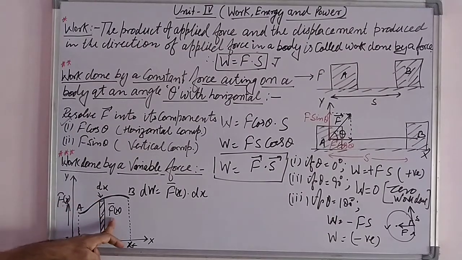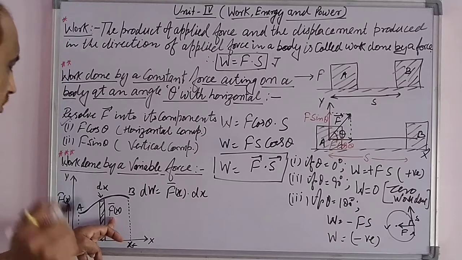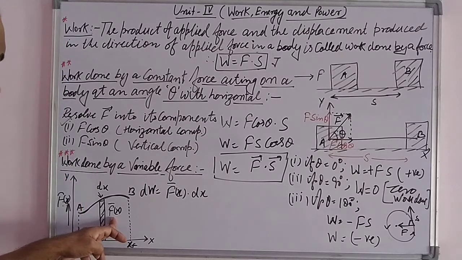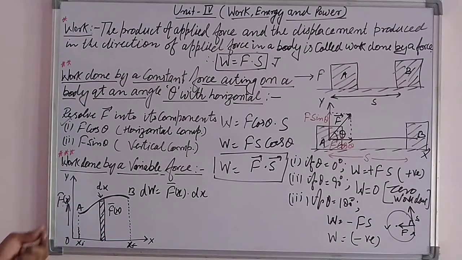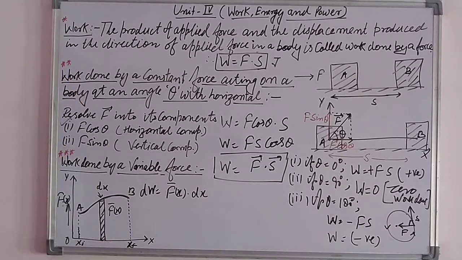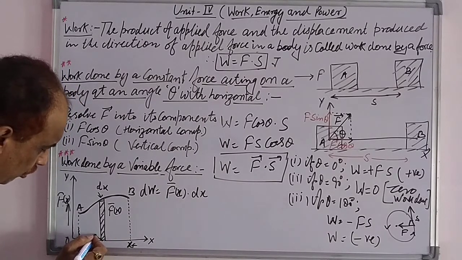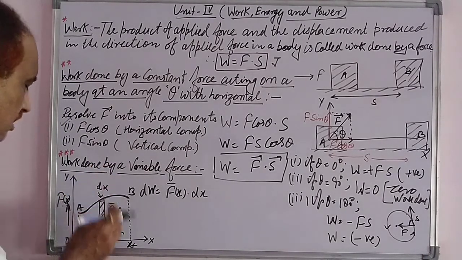Suppose we consider F bar x as the average force acting on the body to produce the displacement in the body. Now we have to find out how much work is done to displace that very small interval dx from, suppose, this point 1 to the next point 2. Point 1 is the starting point and 2 is the ending point of this width interval.